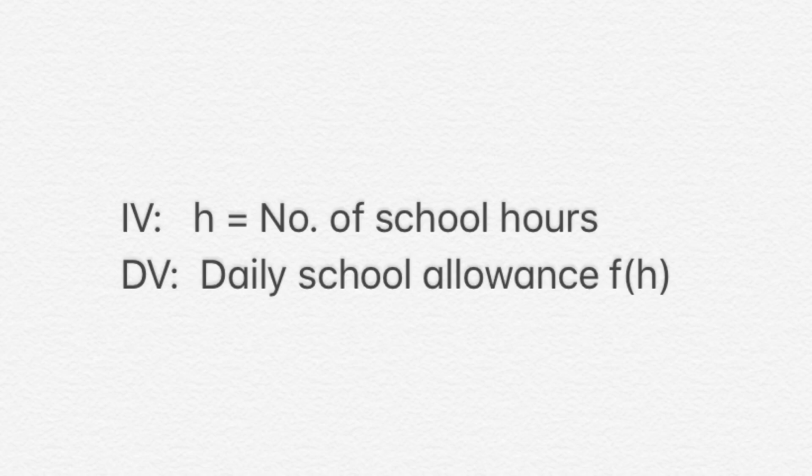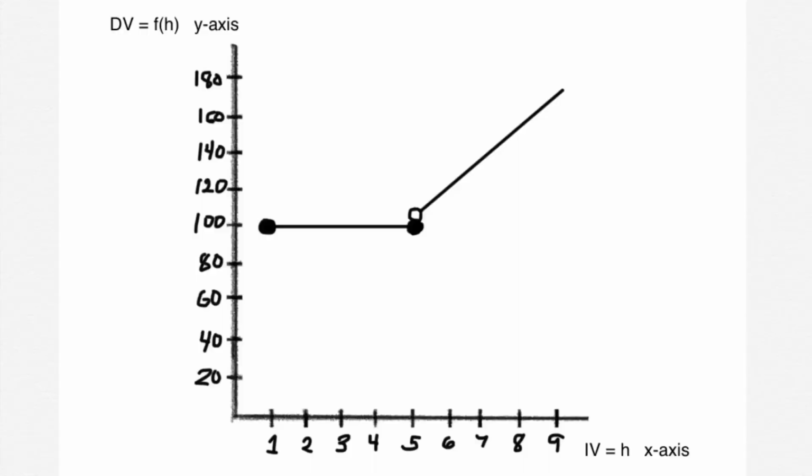The independent variable is h, which is the number of school hours. The dependent variable is the daily school allowance, function of h. For the illustration, the dependent variable, function of h, is placed on the y-axis, and the independent variable, number of school hours, is placed on the x-axis.